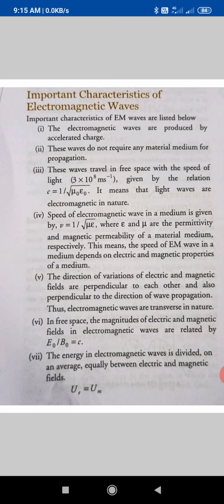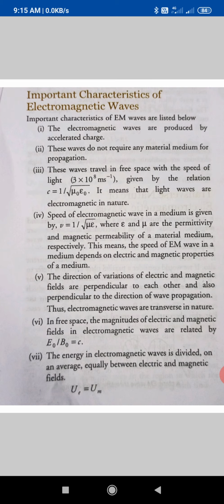Important characteristics of electromagnetic waves. First, electromagnetic waves are produced by oscillating charge. Second, these waves do not require any material medium for propagation.